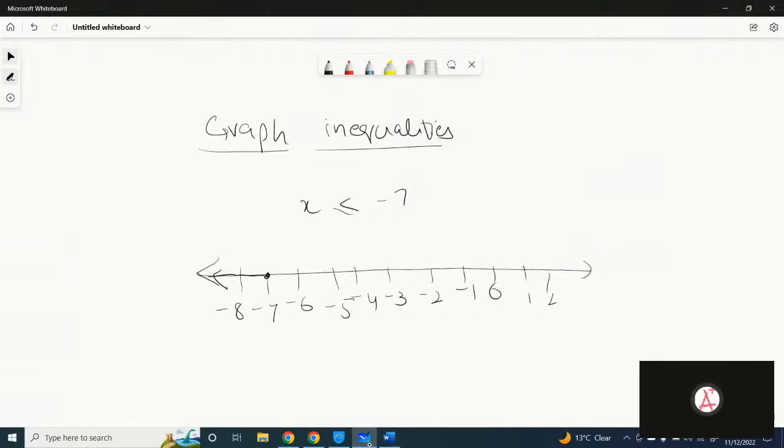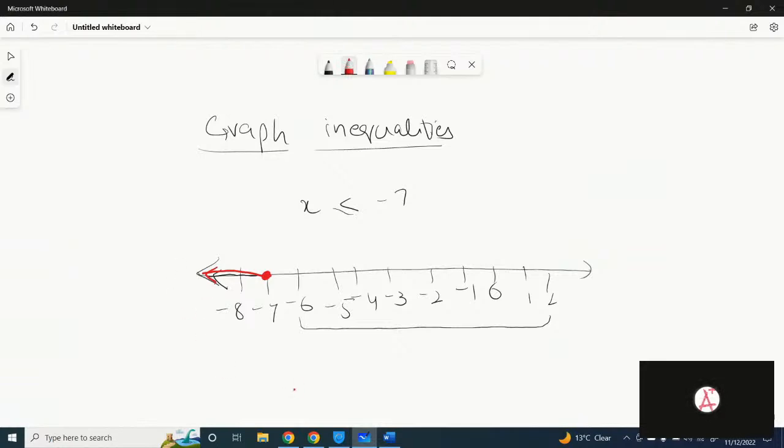Got it? Only the numbers that come after negative 7 are smaller than negative 7. So the graph looks like this, let me do it with the red pen. This is the graph. Got it?